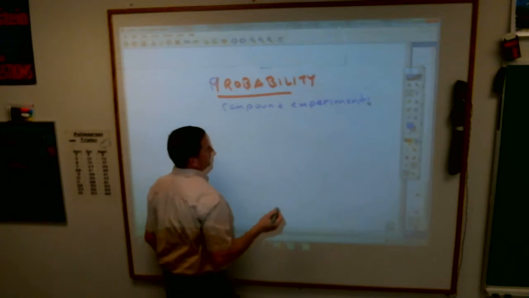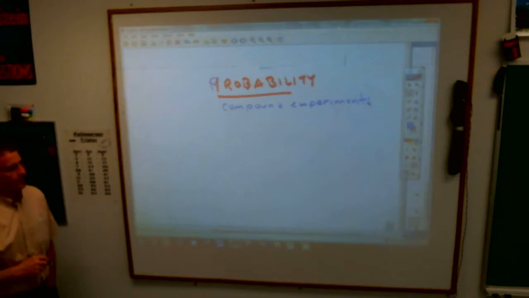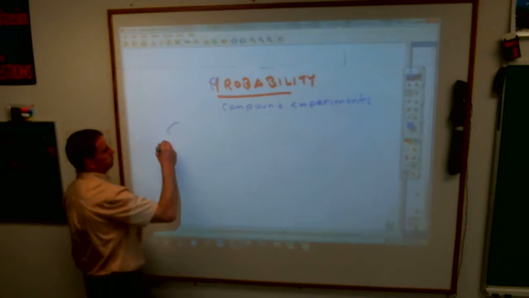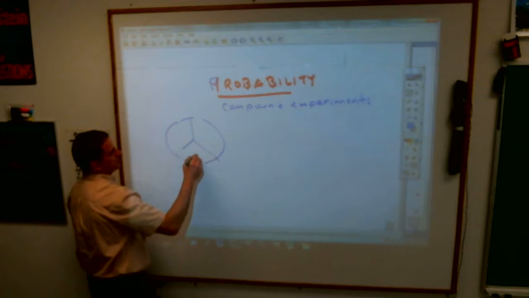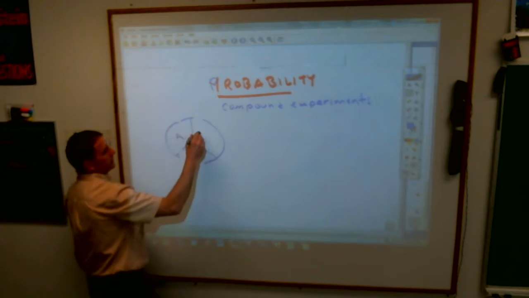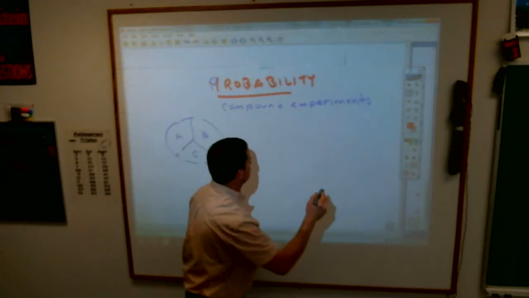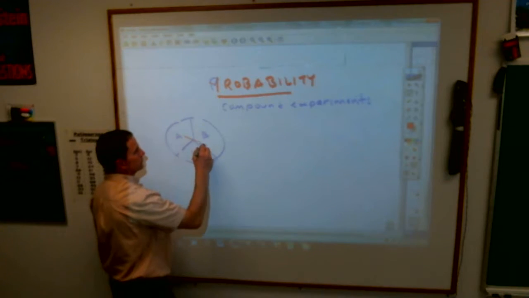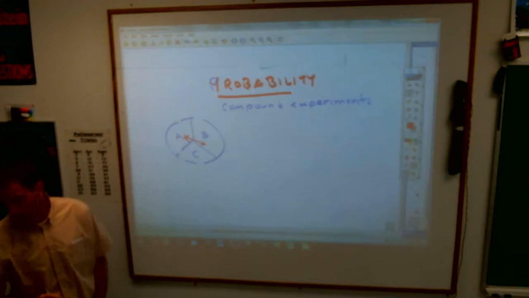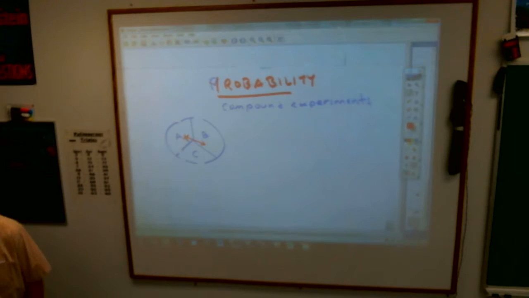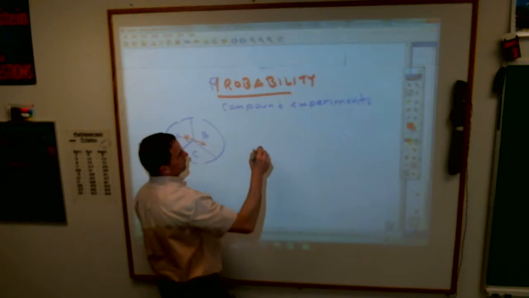Which means this. For example, let's say you've got a spinner that's split into A, B, and C. And let's say you're also flipping a coin.